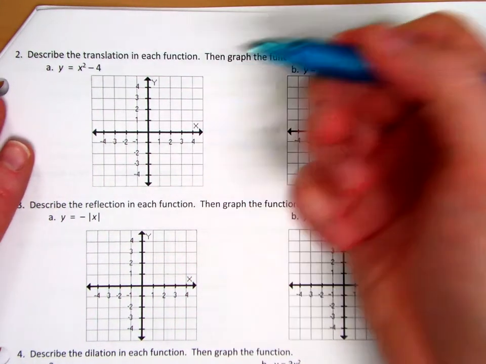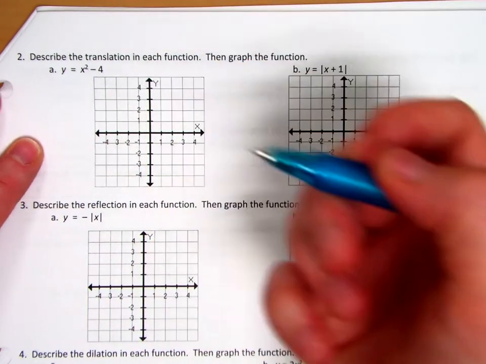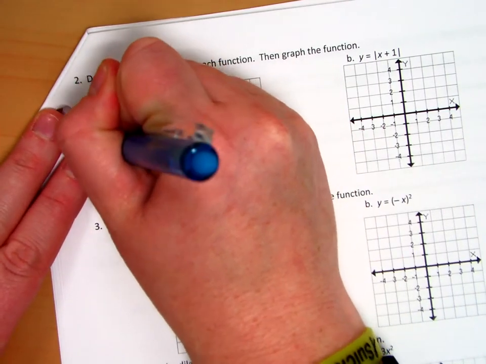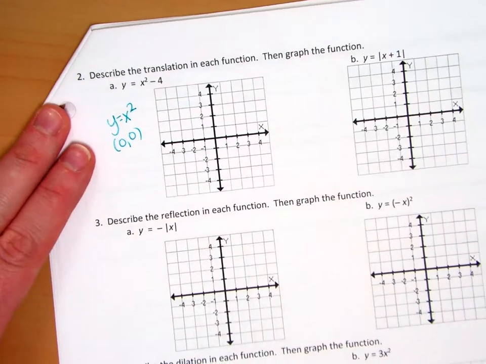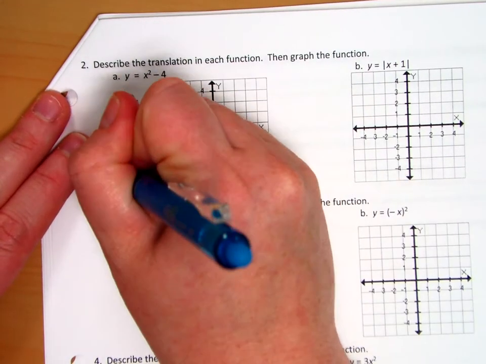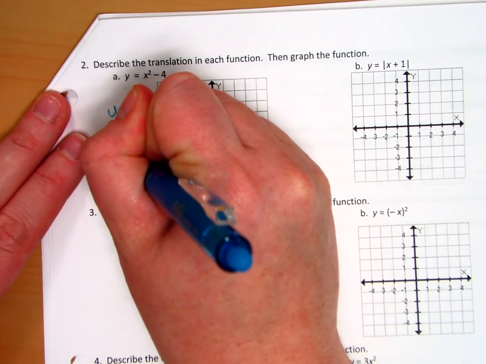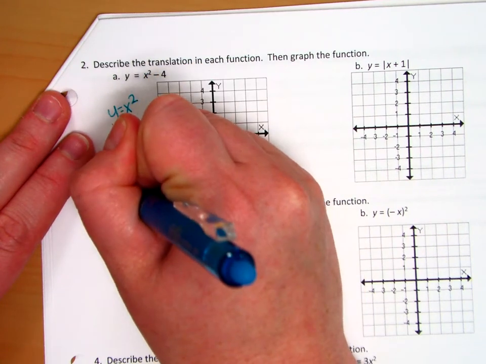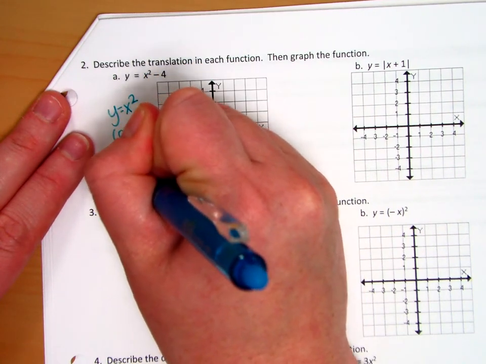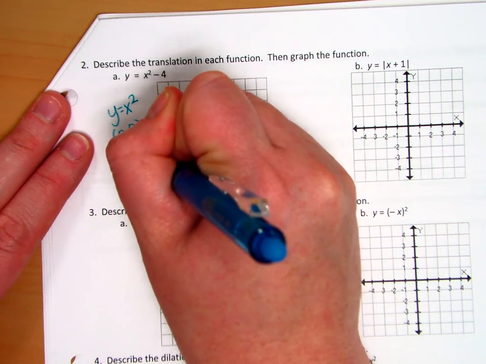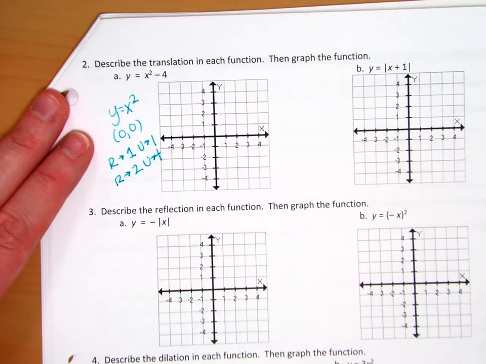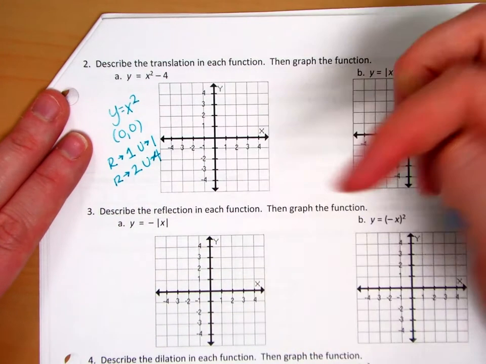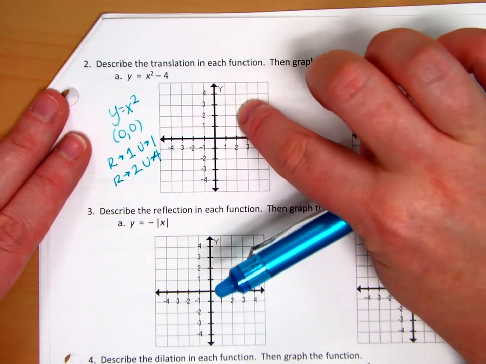For a quadratic equation, the parent function of y equals x squared has the starting point of 0, 0. And the rule is if you go right 1, you go up 1. If you go right 2, you will go up 4 because you're going to square your movement. So if you go right 2, you're picking a point to the right 2, and when you plug it in the equation, you would square it and go up 4.